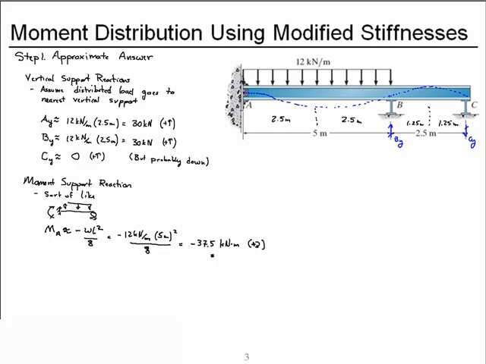Now I'll point out this is our approximation. As we look at our elastic curve, our deflected shape, we see there will be moment at B. And since there will be, the moment at A probably won't be so large.